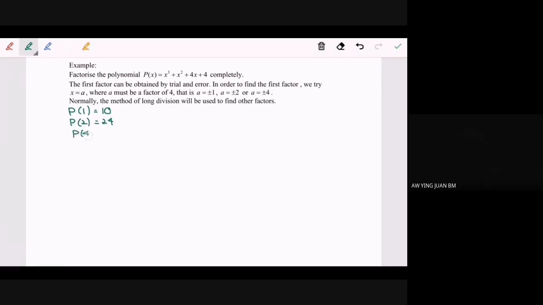Then we try with the value 4. Again, the value is not equal to 0 as well. Next, we are going to try P(negative 1). By using the calculator, luckily we get the value equal to 0, meaning that x plus 1 is a factor of P(x). So next step, we are going to find other factors by using the long division method.